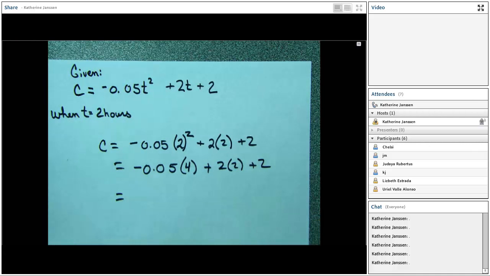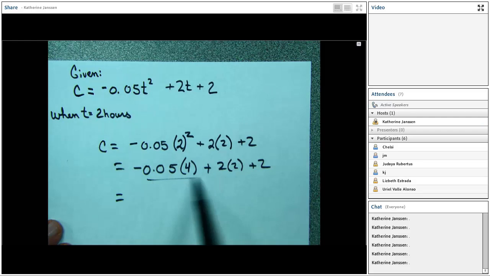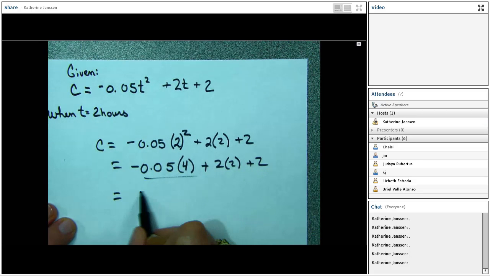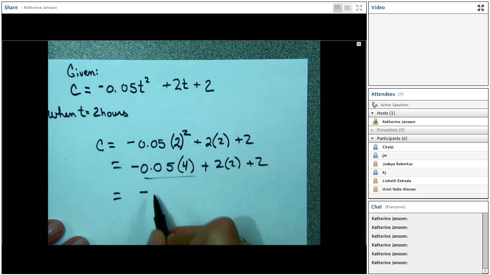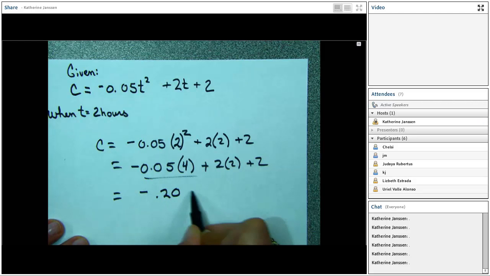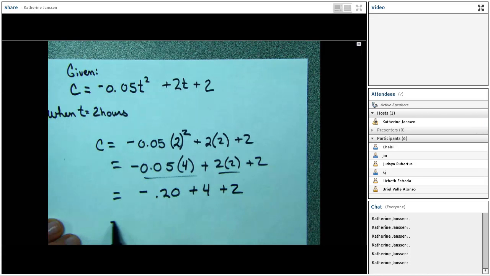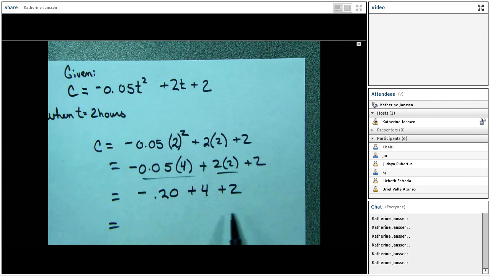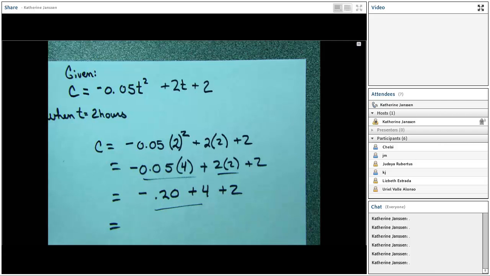Exponents are done. Multiplication from left to right: negative 0.05 times 4 is negative 0.2, plus 2 times 2 is plus 4. So now addition, from left to right.